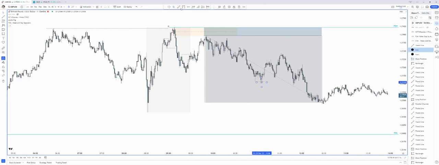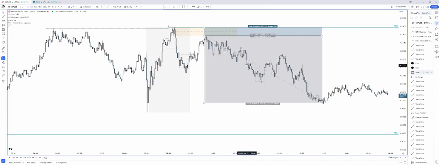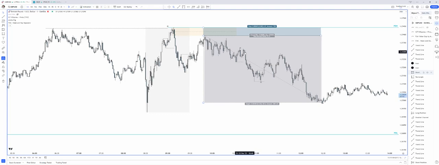So this one, and this is the liquidity taken out, and this was the breakout structure. Then what happened? Market, this was basically the liquidity, and then we have nothing there.